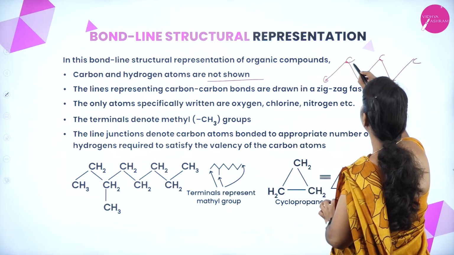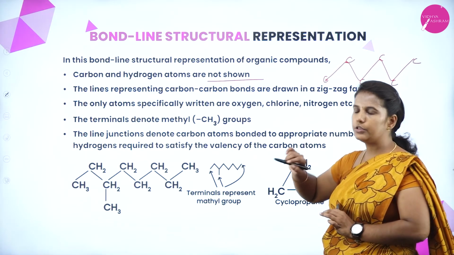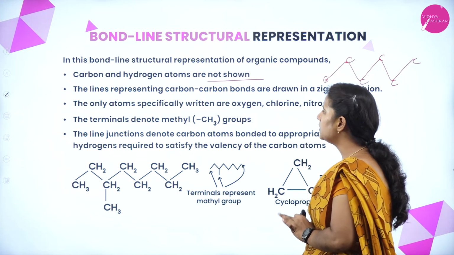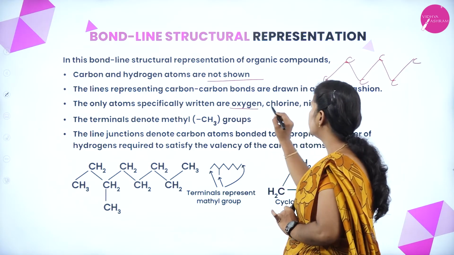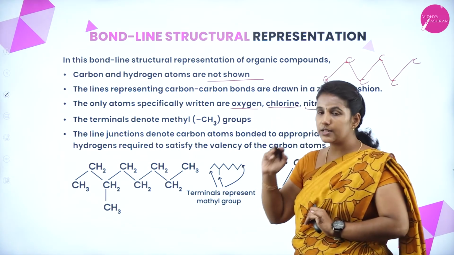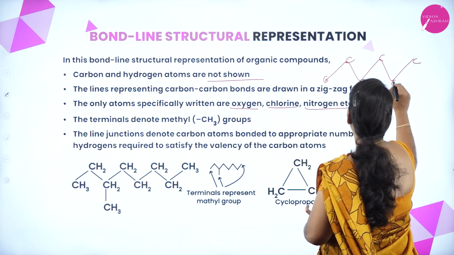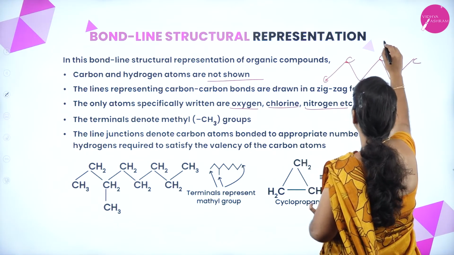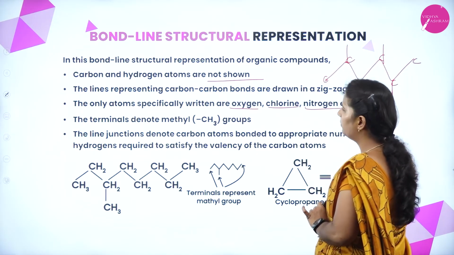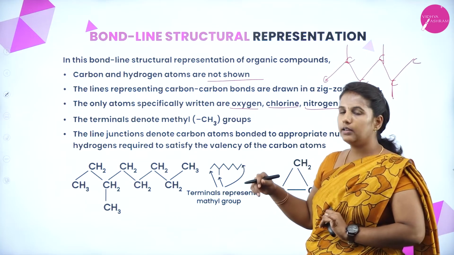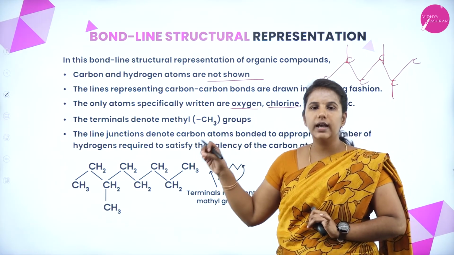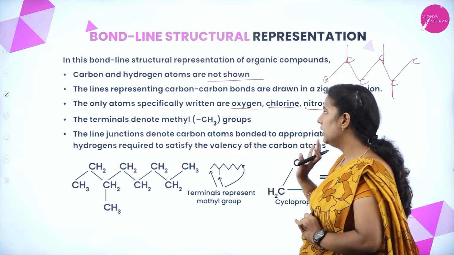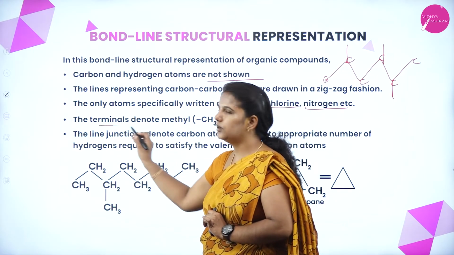So it shows the linkage between only carbon to carbon. And the atoms specifically written are oxygen, chlorine, nitrogen, etc. Suppose if any substituent group is there, we put a dash like this, or we put a line to show that there is a substituent group or a functional group, that we call terminals.